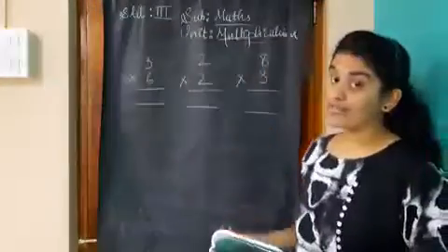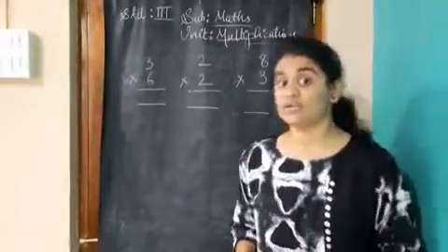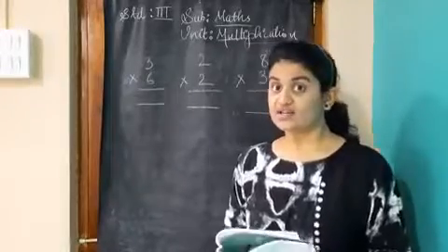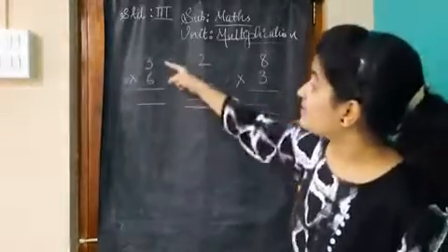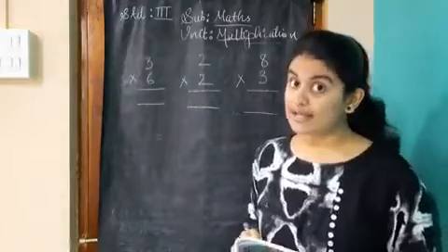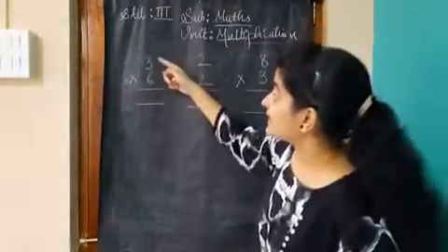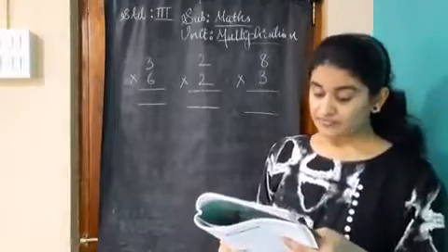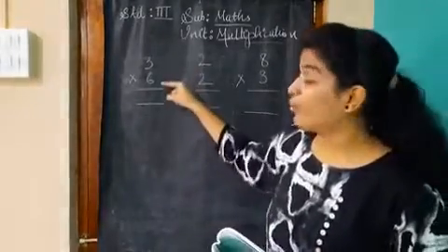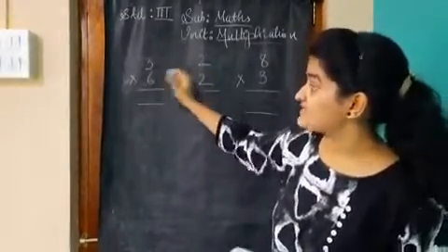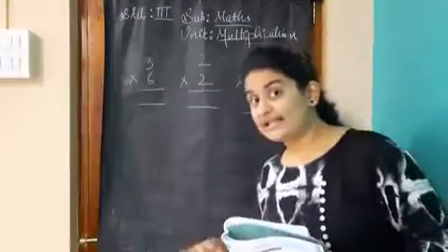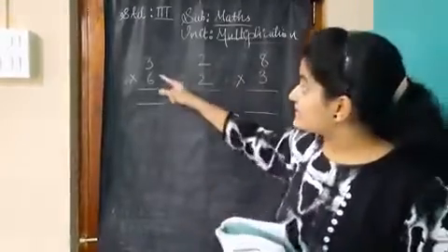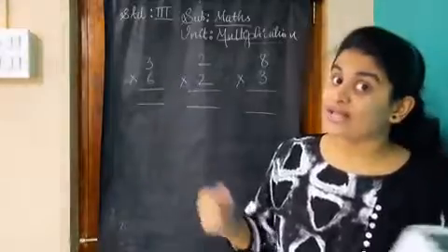Students, here on the blackboard, I have written question. Okay? So now you have to tell me the answers. Can you tell me what is 3 6 are? Tell me. Tell me what will be the answer of 3 6 are, or else we can also say that 6 3 का आंसर क्या होता है?